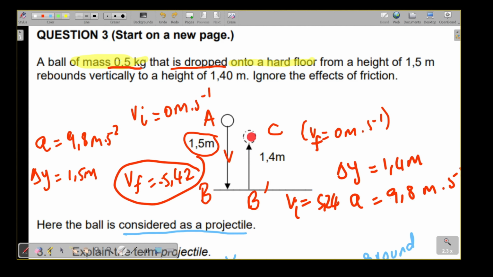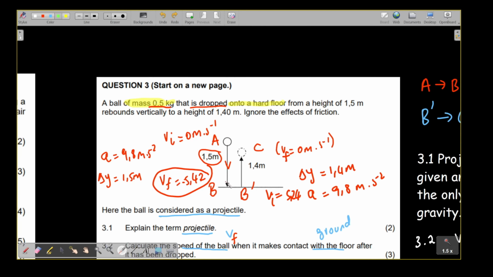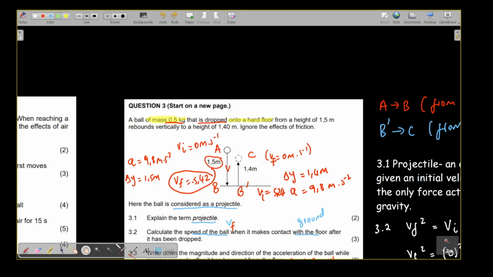So 1.4 is now the new maximum height, you see. That means it lost energy from B prime to C. Now we want to know how much velocity it moved up with. You understand? For us to find out that velocity, that is why here we calculated, okay?